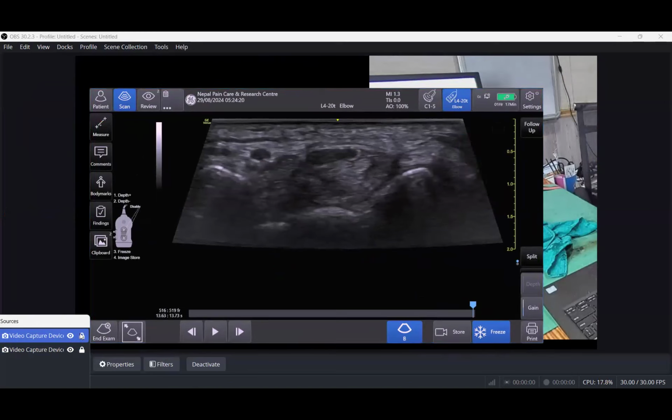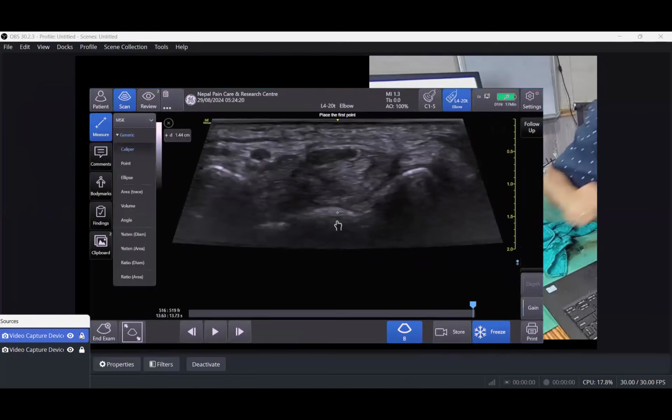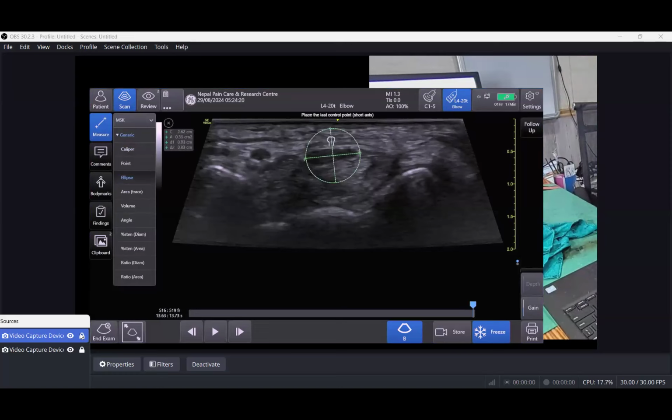I'm using the measurement now. In the measurement, you can do 2 things. One is the ellipse formula. You can put your marker like this, and you can just measure the median nerve like this. So this is one way to measure the median nerve, by the ellipse formula.